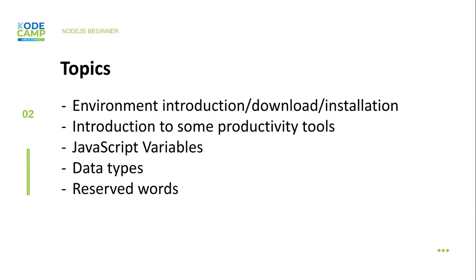Then we also talk about reserved words. I'm sure you must have heard about reserved words. If you've not heard about it, it's fine. We will know what reserved words mean, how they are used, and the rest of those.